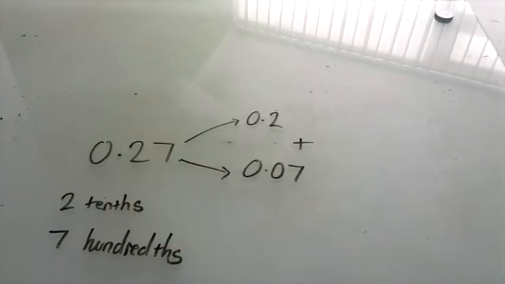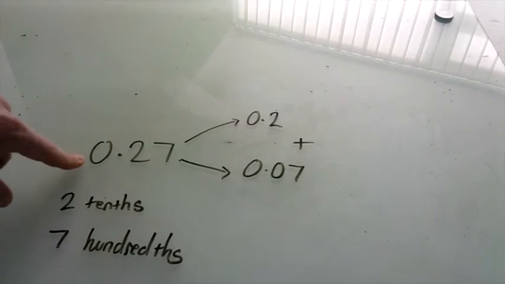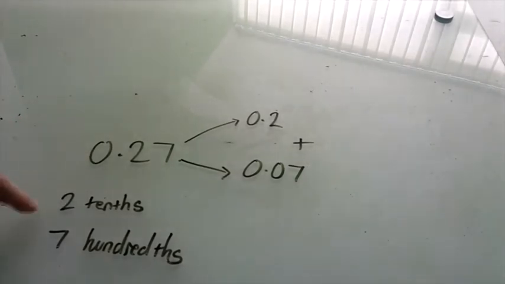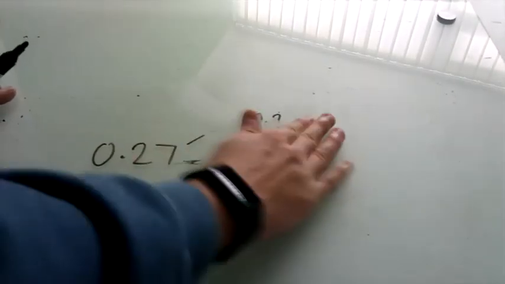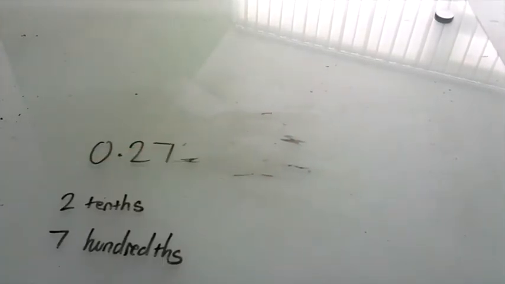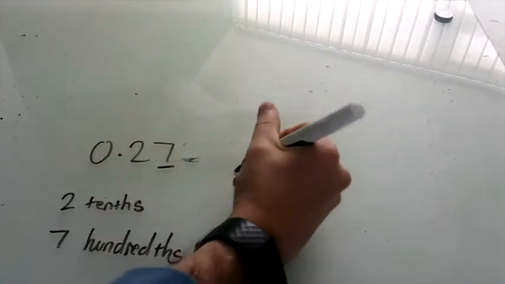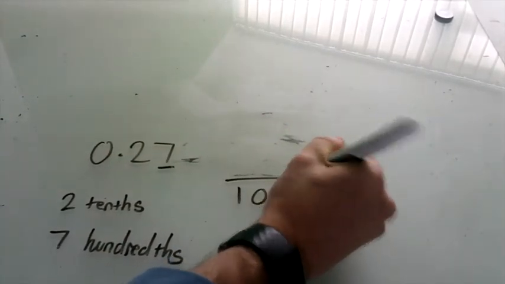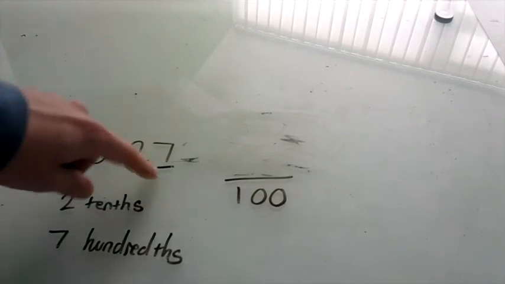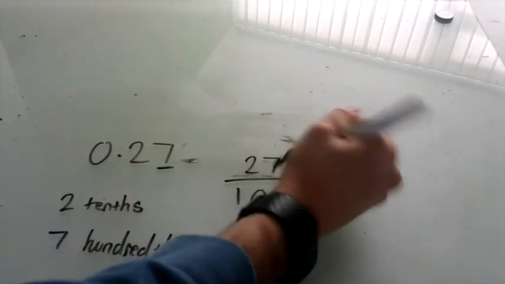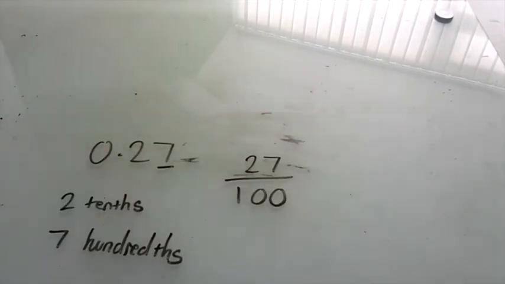If we were to add those two together, we would then get 0.27, because you've got 2 in the tenths column, 7 in the hundredths column. So if we want to write that into our fraction, we look. We've got a 7 in the hundredths column, so we know there needs to be 100 on the bottom. And then we take our value and we put it on top. So it's 27 over 100.